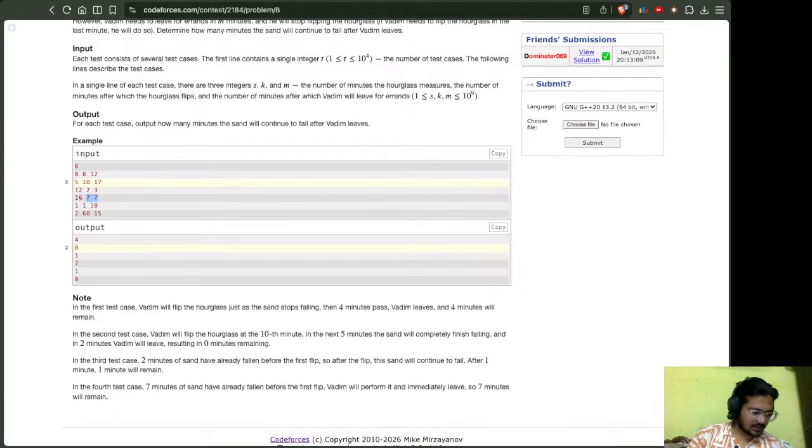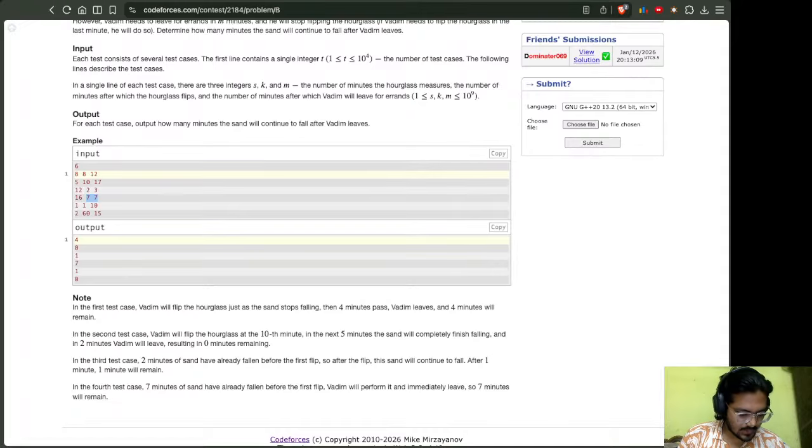Okay, let's reinforce all these observations, and we can have a solid code to it. We have s and k the same. 8 and 12.